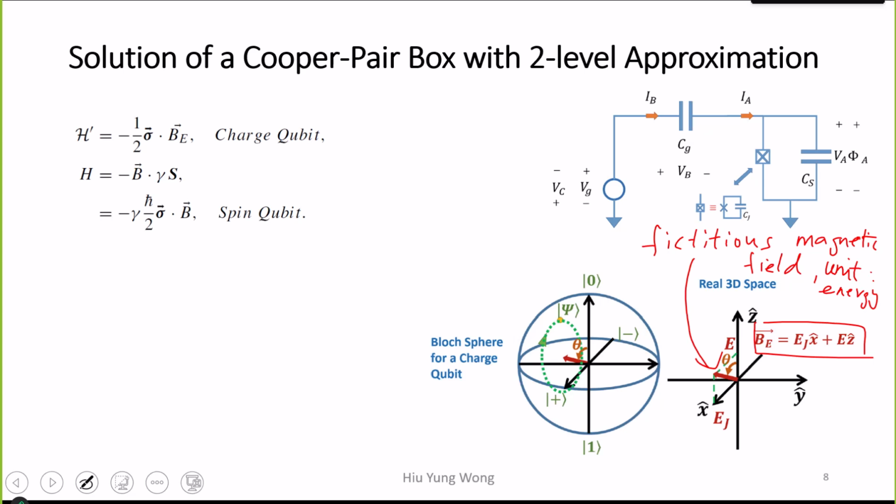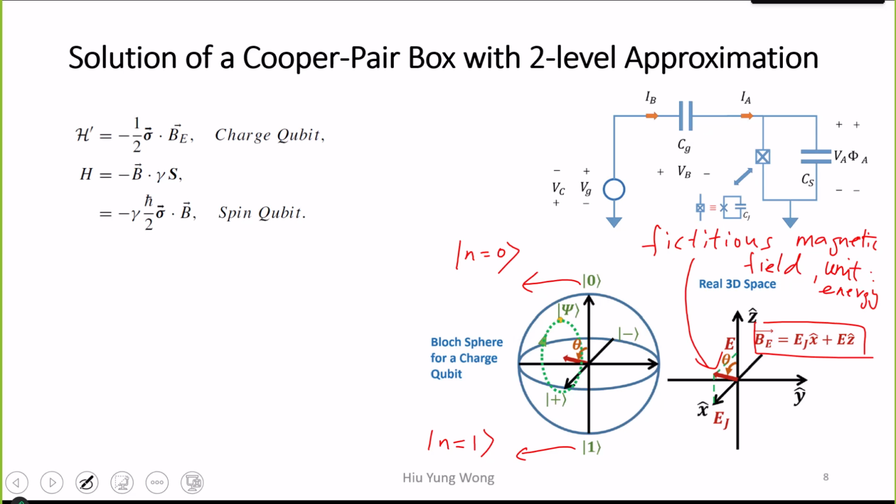Is this okay? So with this, if you just map through this, this state is n equal to 0, 0 extra Cooper pair. This state is n equal to 1, 1 extra Cooper pair.